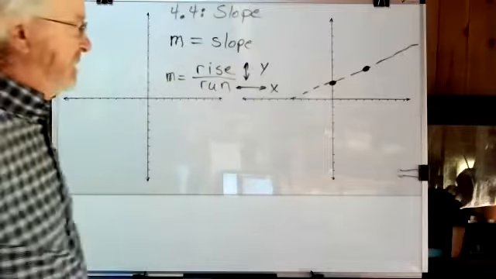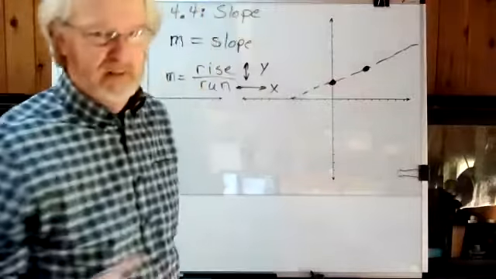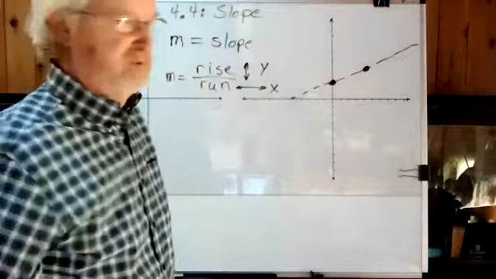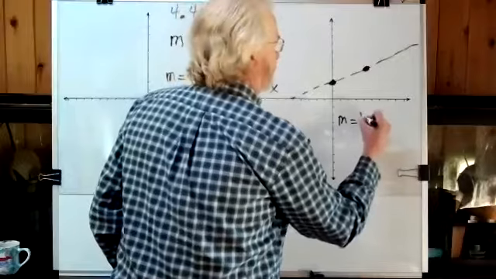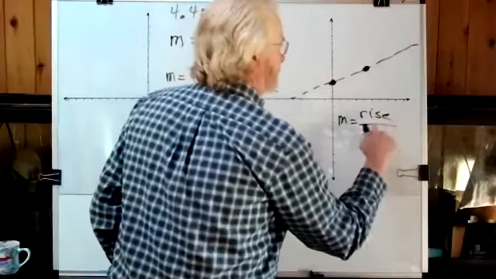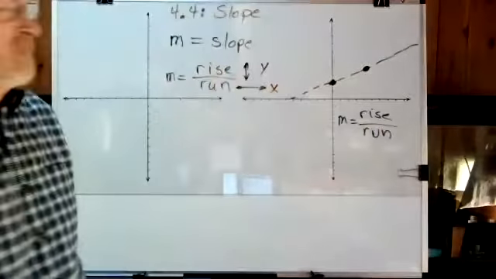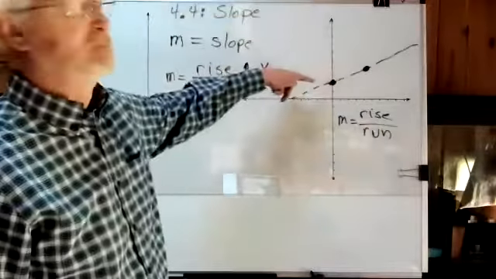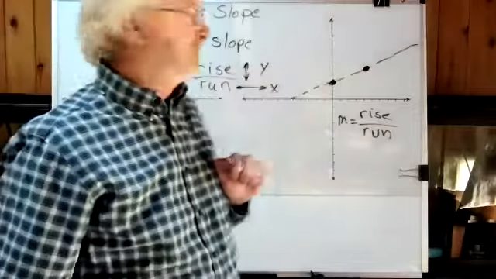From some starting point, and it really doesn't matter which, and I'll try to convince you of that eventually, I want to figure out how much it changed vertically compared to the amount it changed horizontally.